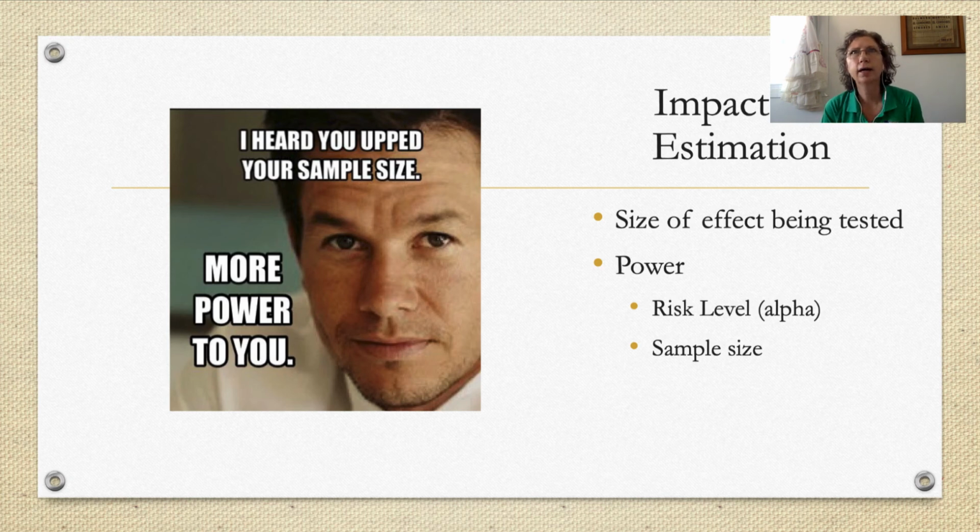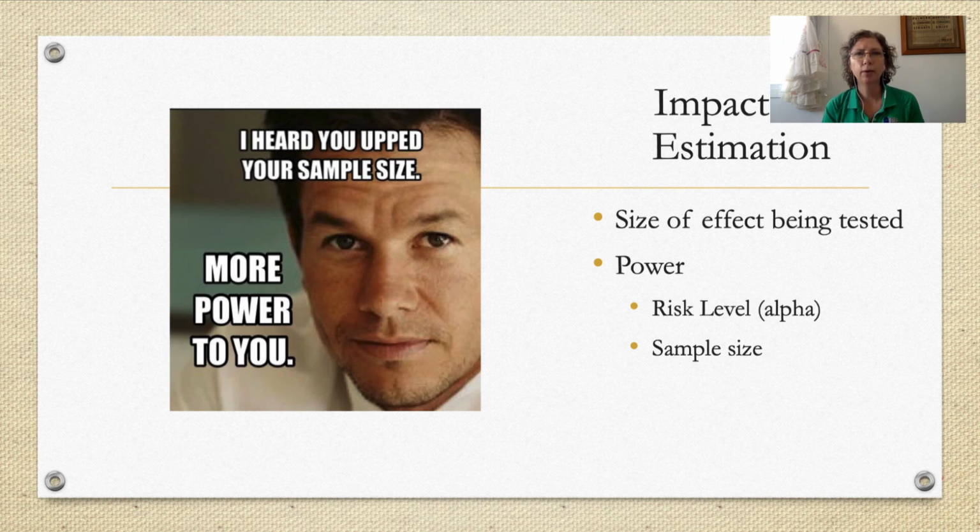So how do you know the size of the effect you're looking for, or how do researchers know? Well, they've got to do their literature review. They've got to read the theory, know what relationships they're looking for, see what's already been done in the literature to see what effect size they should be looking for. That's how they know the effect size of what they're after.